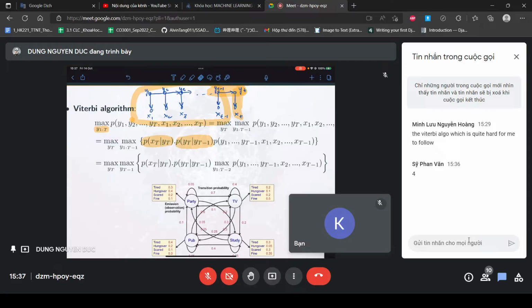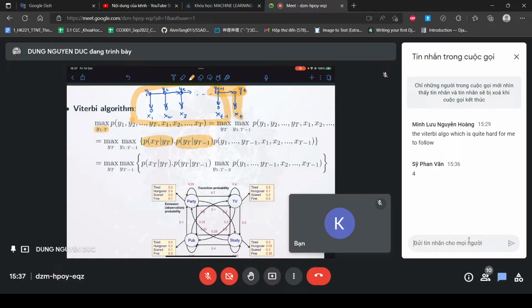Look at the sheet I just showed you. If the previous state yt minus 1 is party, then yt has four states: party, TV, pop, or study, right?